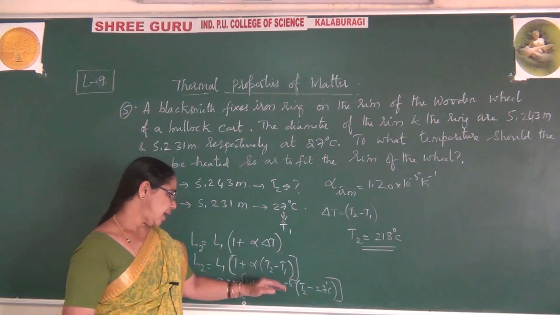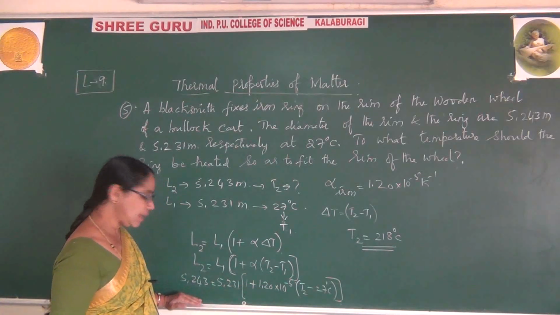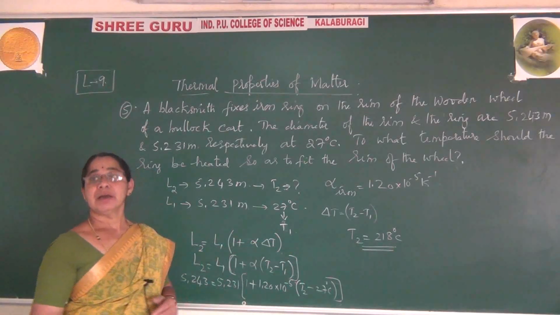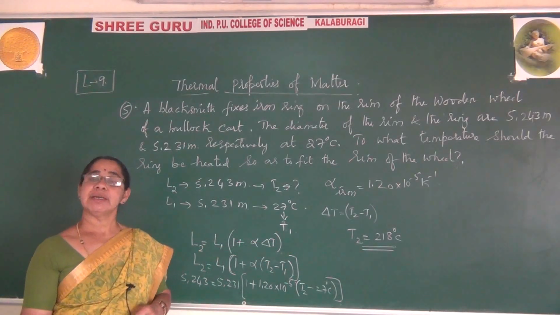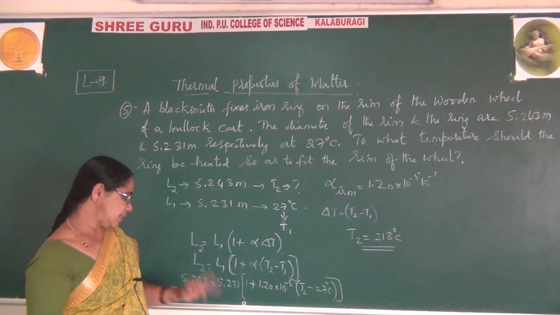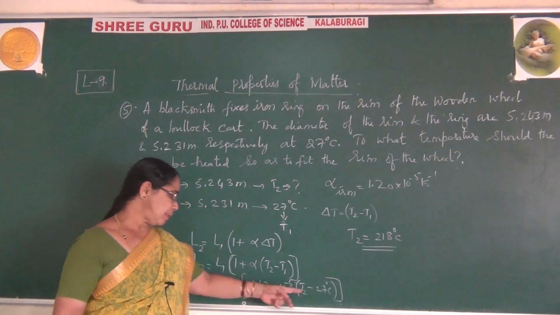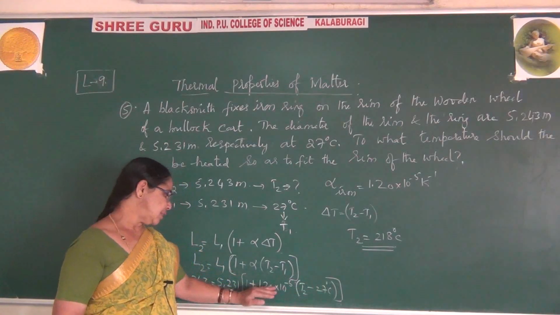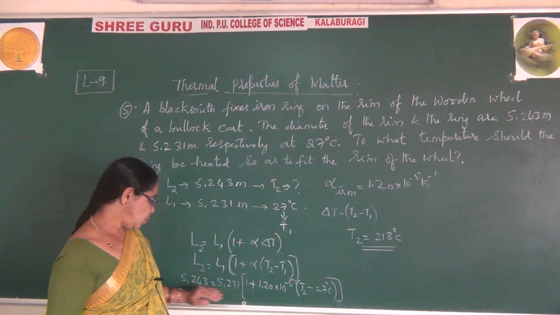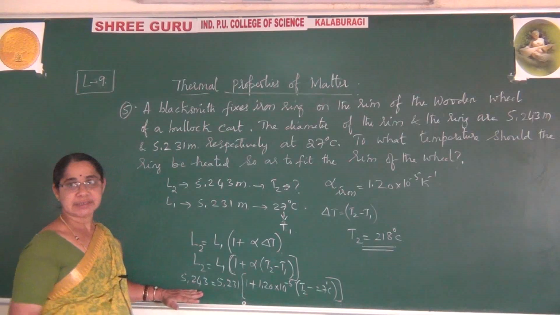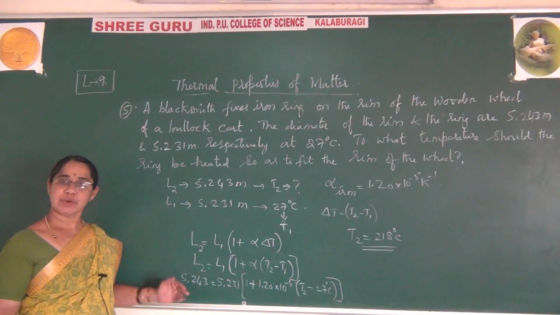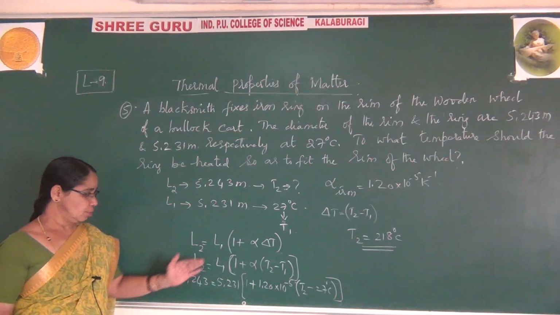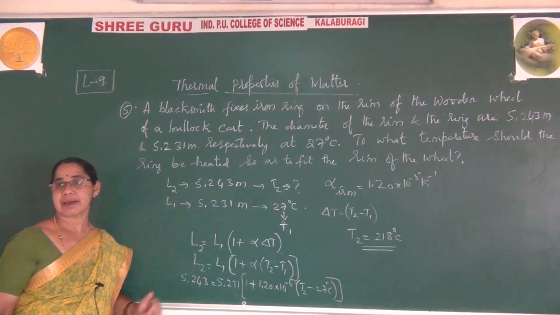This we write, and finally we keep this here, we equate for T2, and we get this. Even after completing this, you can verify by substituting. For example, if you substitute 218 here for T2 minus T1 and multiply and equate, you get this value, where LHS is equal to RHS. You can confirm your answer after getting the readings. So just by simple mathematics you can calculate this.